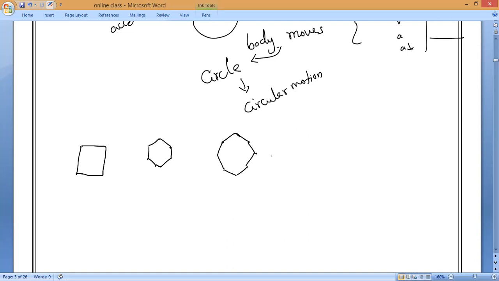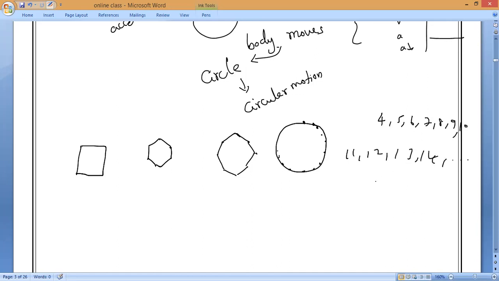Similarly, if we take a circle, an infinite number of sides will be there. Each circle, if we take, is made up of millions of parts. Is it yes or no, Harish? Thousands of parts, if you keep on increasing the number of sides: 4 sides, 5, 6, 7, 8, 9, 10, 11, 12, 13, 14, 15, and so on.